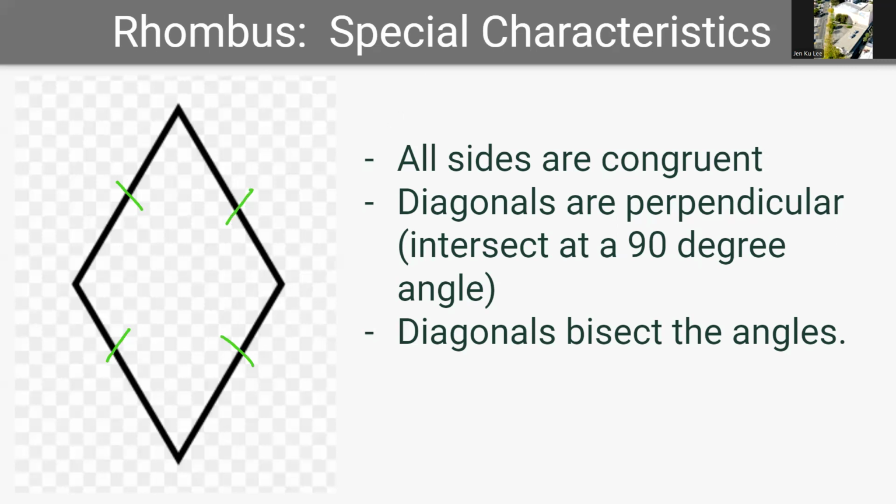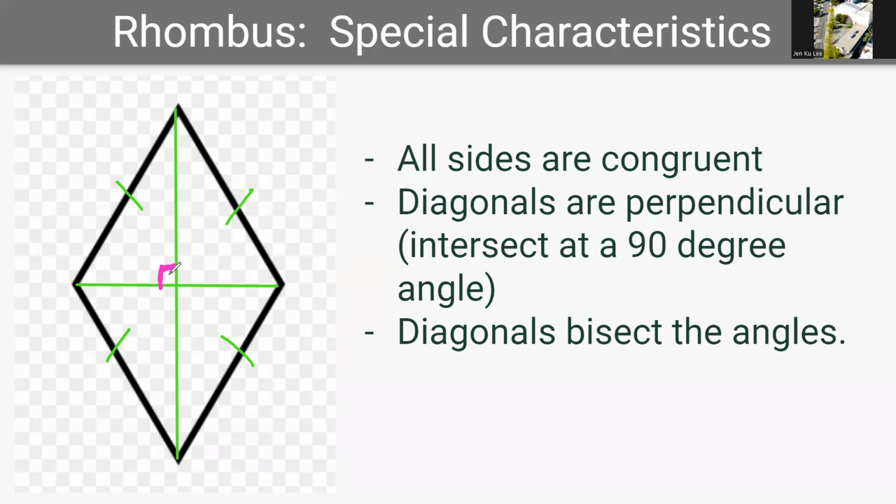And if I draw out the diagonals again, they will intersect at a 90-degree angle. Okay, so I know that they are perpendicular. Okay, they're not congruent like a rectangle's are, but they will intersect at a 90-degree angle.